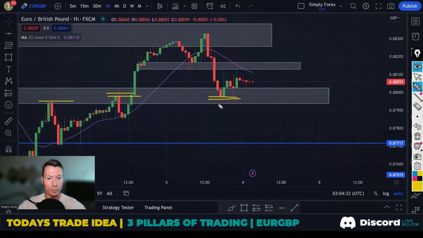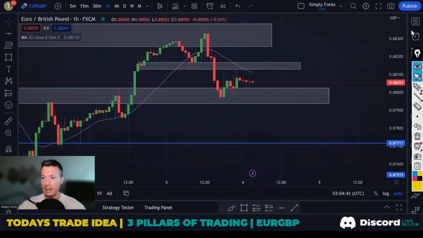We could wait for a break of this level, retest, and then take price lower as well. So we're looking to trade from here downwards, or a break of these lows, and then we take it lower as well. So euro pound, that's what we're looking to do with this pair.